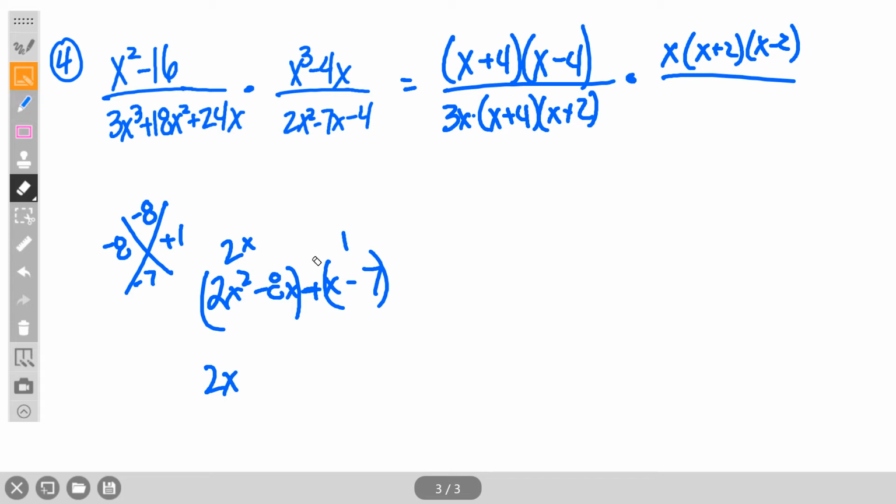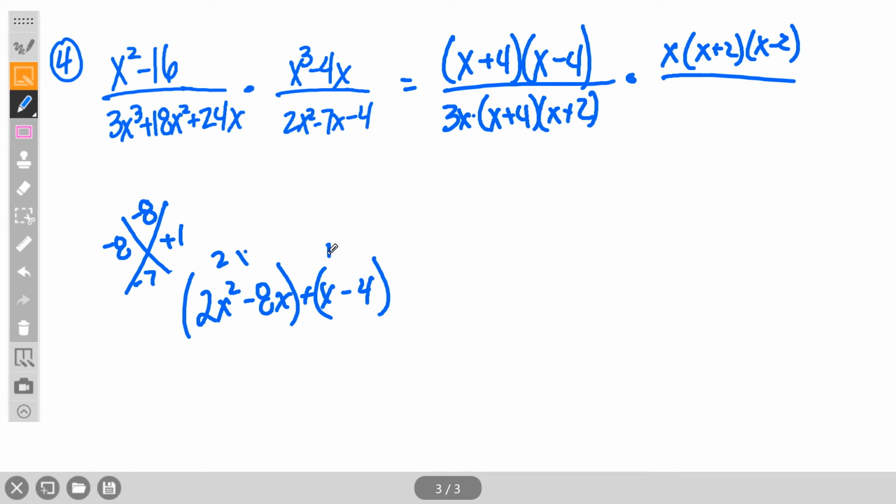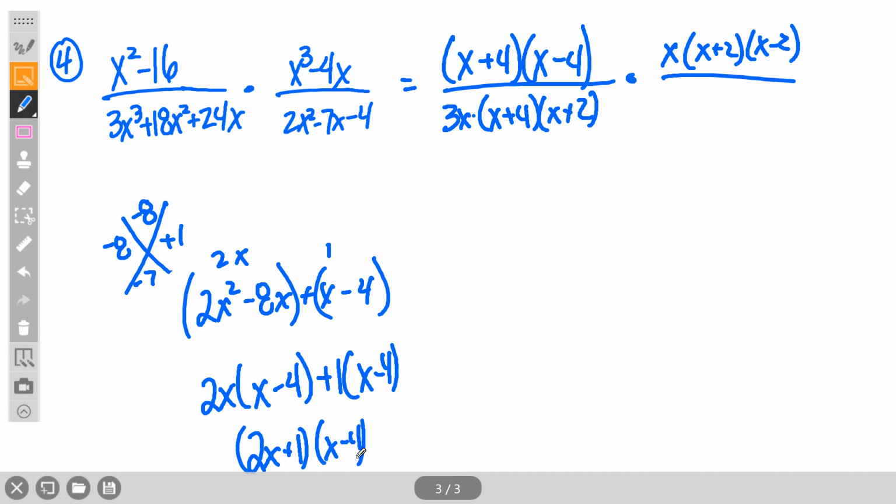That's not going to work. What did I do wrong? Oh, it's minus 4. Whoops. Sorry. 2x squared minus 8x plus x minus 4. Factor by grouping 2x and 1. So 2x, x minus 4 plus 1, x minus 4. So that's 2x plus 1 and x minus 4. So that's the denominator here, 2x plus 1, x minus 4.